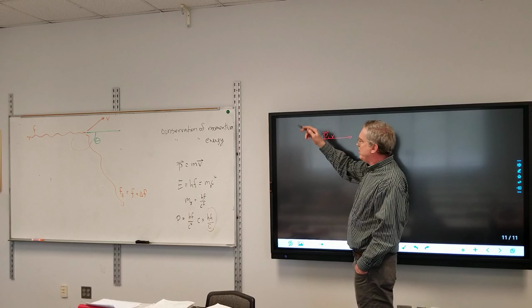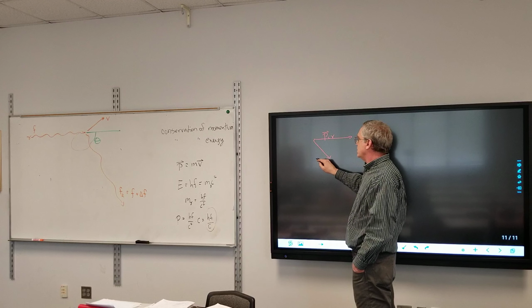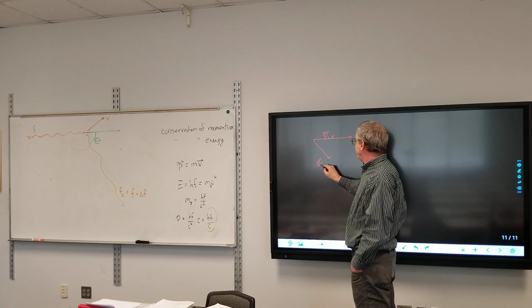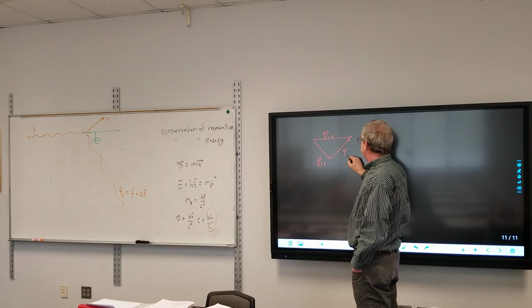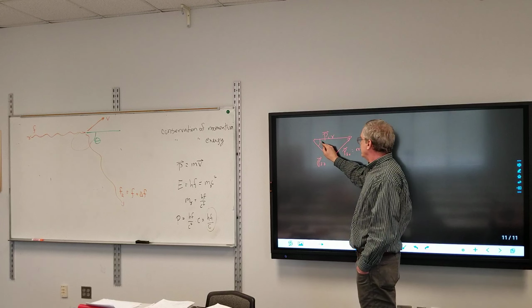It's going to be equal to the sum of the other two, so I should be able to add this, which is the final momentum of the light, plus the final momentum of the electron, which is mv. This angle right here is theta.